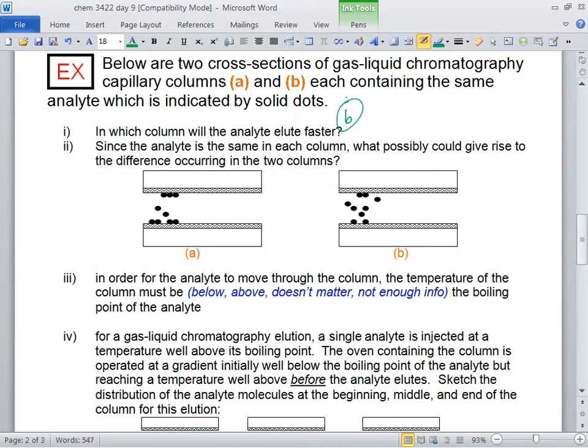Headspace is the best word you're supposed to use since it's a liquid there. Melissa, since the analyte is the same in each column, what possibly could give rise to the difference occurring in the two columns? Everything's identical. Something is different, though. Temperature, exactly. Which one's hotter? B is hotter.